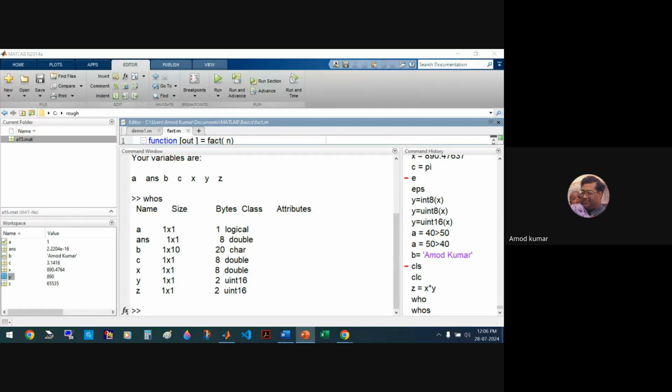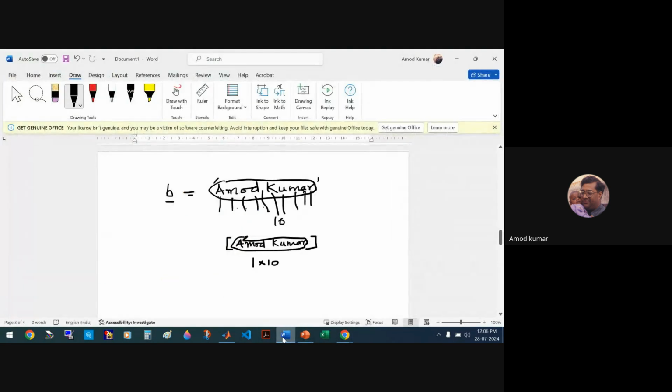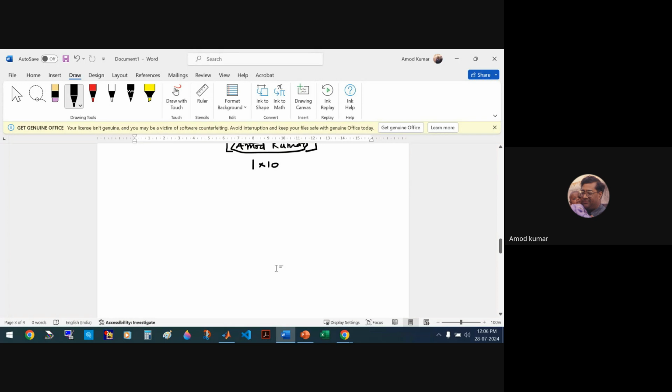Regarding the naming of variables, I want to tell you now. You can assign any name to a variable. You assigned A equal to something, nice. You want to assign A1 equal to something, no problem. That's not an issue. But that variable must start with an alphabet.